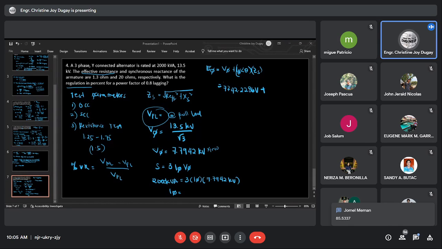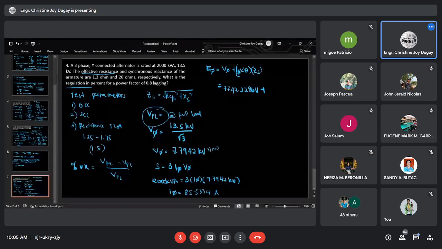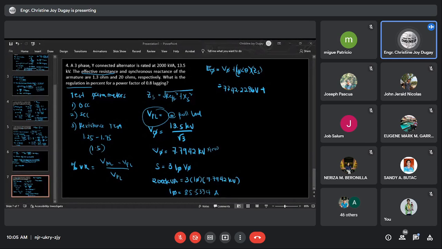Sa akin, that is equal to 85.5334 ampere. Ilan po ang value ng current po ninyo? Same din lang po ba?